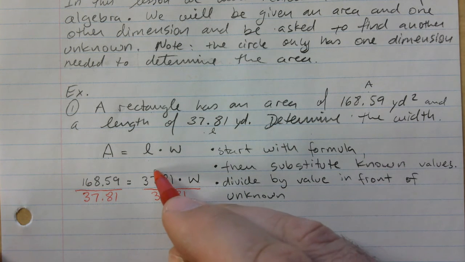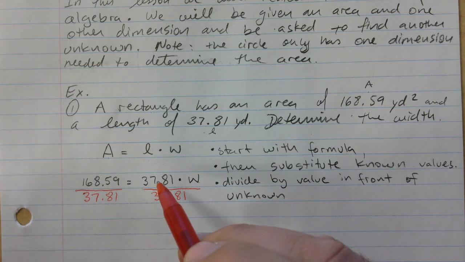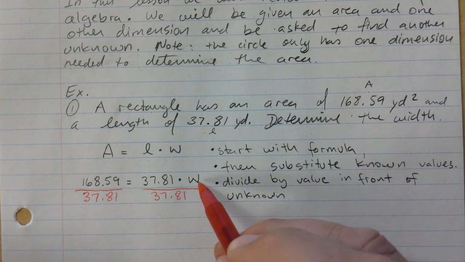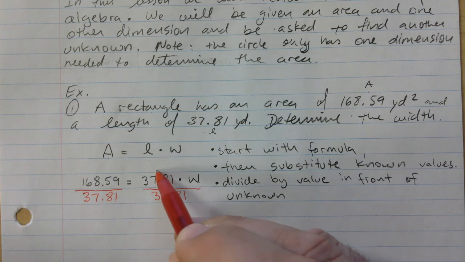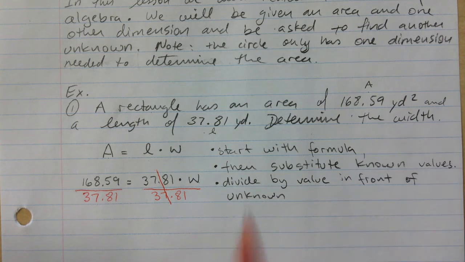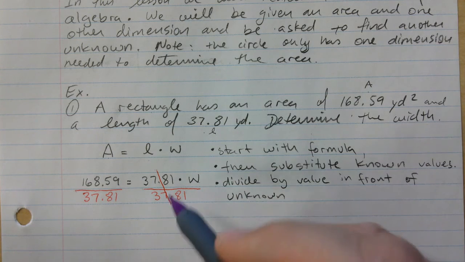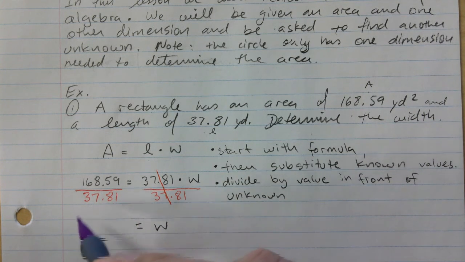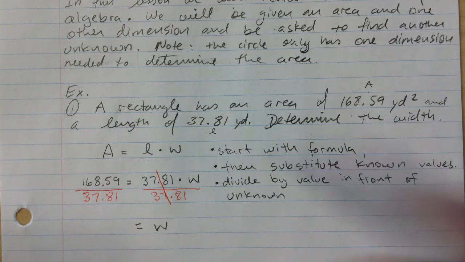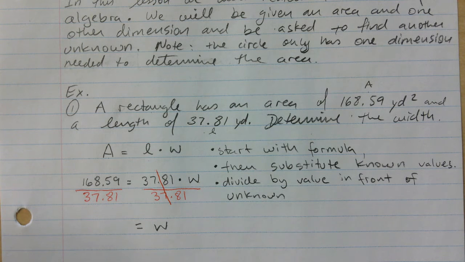And now we can cancel this because if you say 37.81 times W and then divide it by that same number, it's like nothing ever happened. So we can just do this. So on this side of the equation, you have W. On the other side of the equation, you have whatever you get when you divide those two.